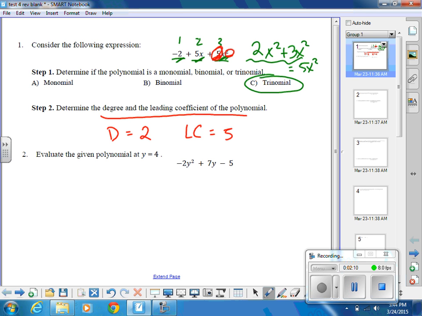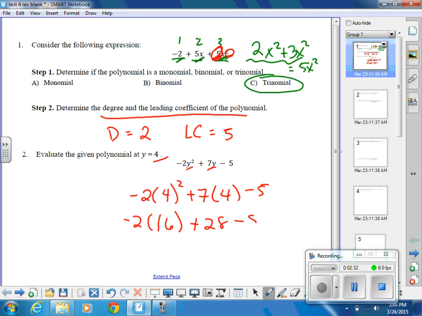Now, this next one says, evaluate the given polynomial at y equals 4. We're just going to take 4 and plug it in everywhere we see y. Whoops, we don't see y there at all. So you're going to get negative 2 times 4 squared plus 7 times 4 minus 5. Now, 4 squared is 16. Do this right here, 7 times 4, which is 28, minus 5.